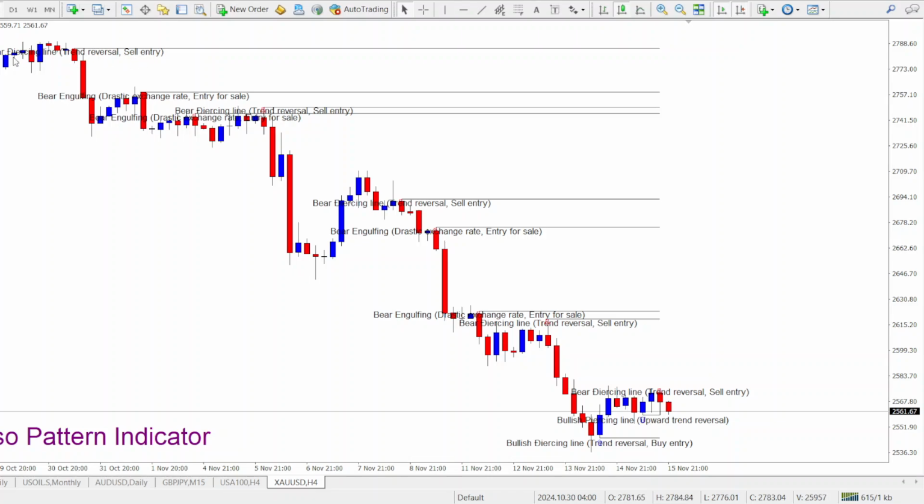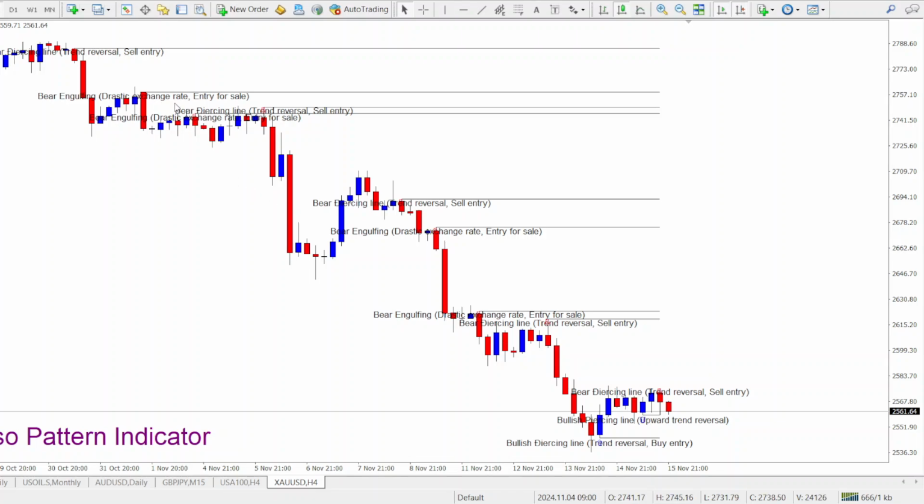After getting this signal, you can decide to enter a sell and set your stop loss above the swing high. After setting your stop loss, if you want to use the indicator to determine your exit, you will want to watch out for a bullish signal from the indicator, and you will use that to exit your sell trade.